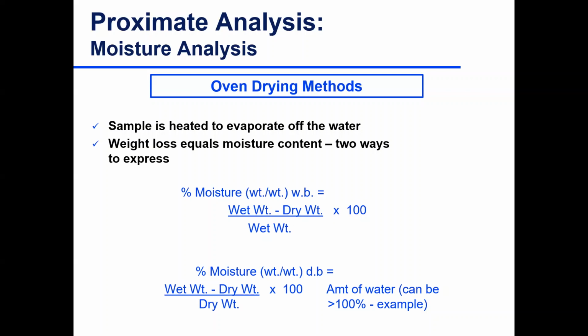If it's over 52% moisture, when you do this determination, you'll have 48% here and 52% here, dry weight, wet weight. And so this 52% moisture would be over the 48, it'd be over 100% moisture.